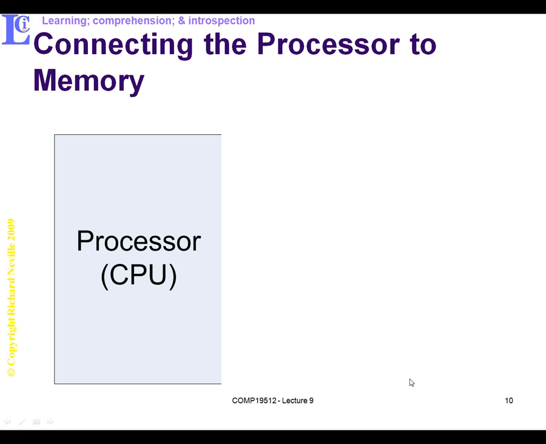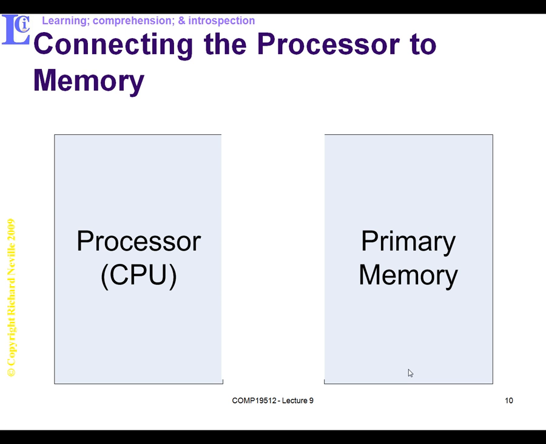So let's move on. So now we're going to look at a diagram that explains how the processor and the primary memory, RAM, are connected. So let's look at the different connections that make up this means of transporting data from the processor to the primary memory, writing, and from the primary memory back to the processor, reading.